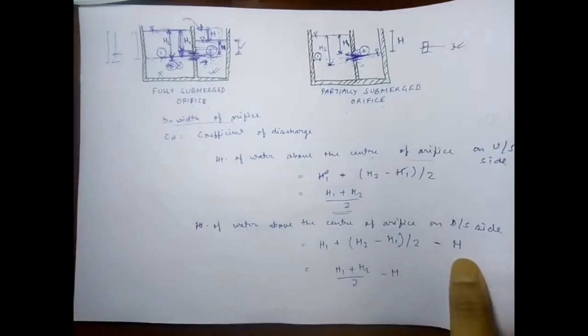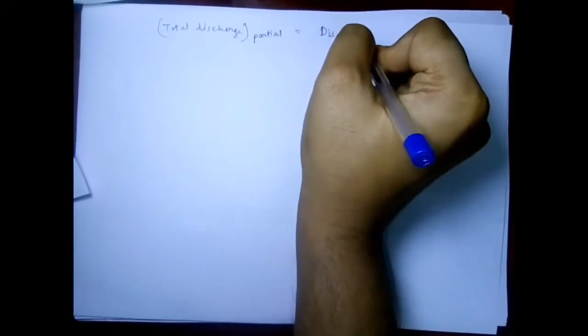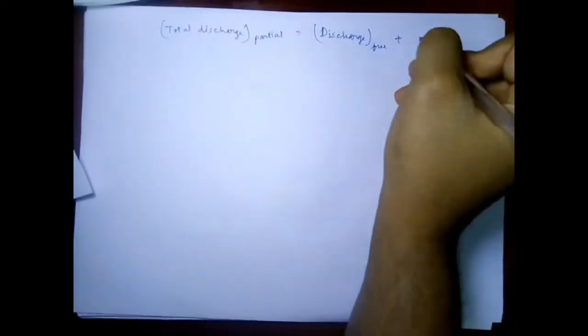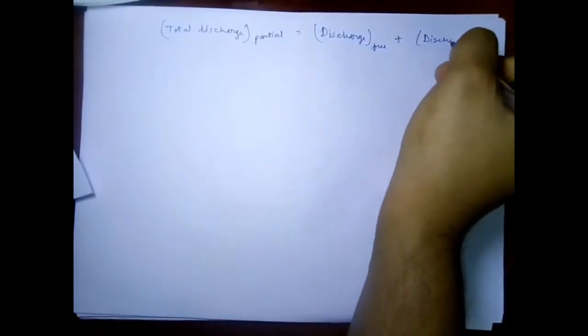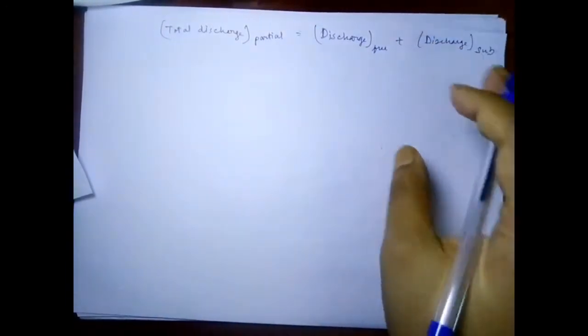Now the total discharge for a partially submerged orifice will be equal to the discharge through the free portion plus the discharge through the submerged portion, or the fully submerged portion.